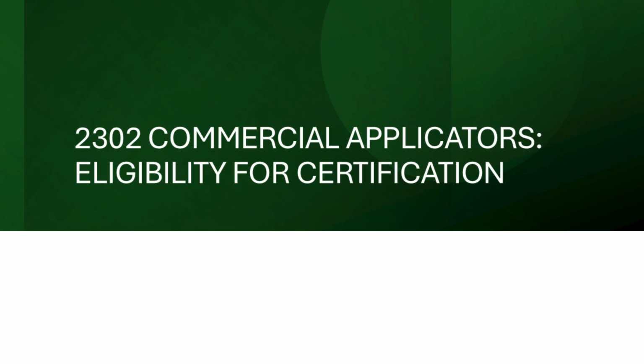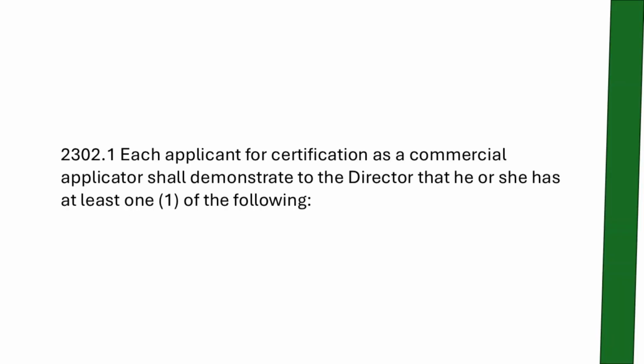2302. Commercial applicators. Eligibility for certification. 2302.1. Each applicant for certification as a commercial applicator shall demonstrate to the director that he or she has at least one of the following.